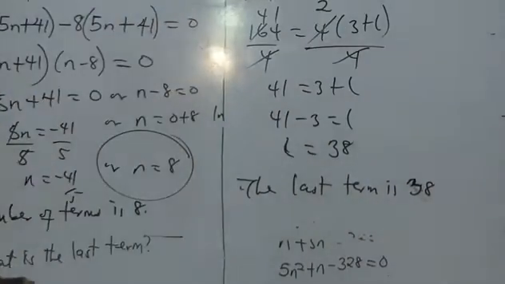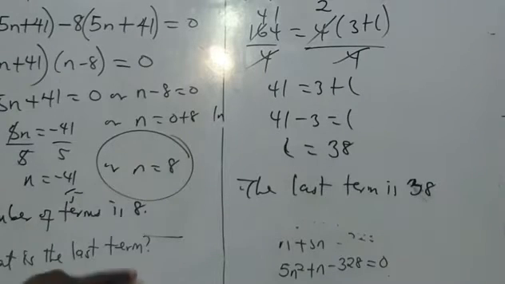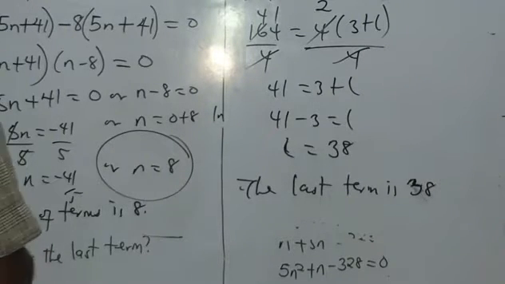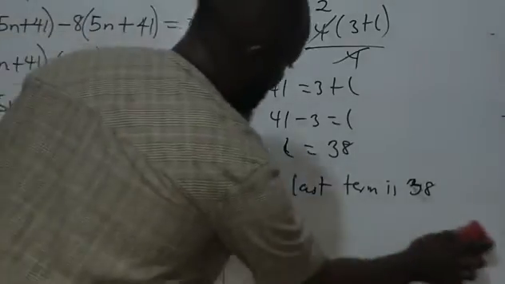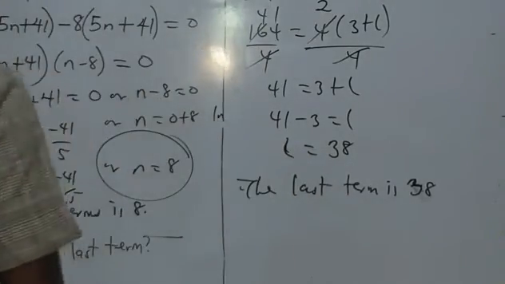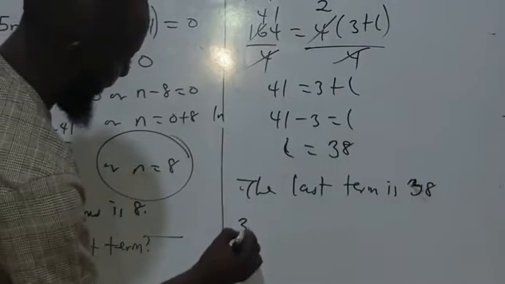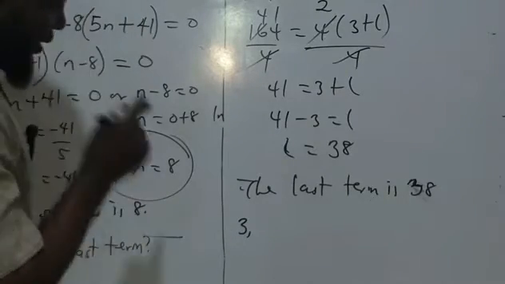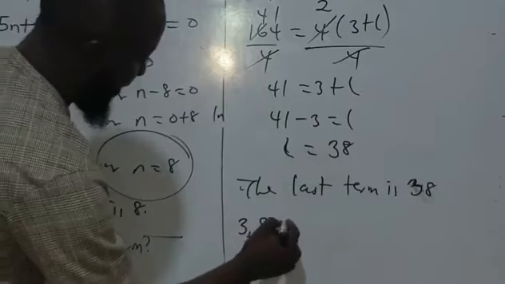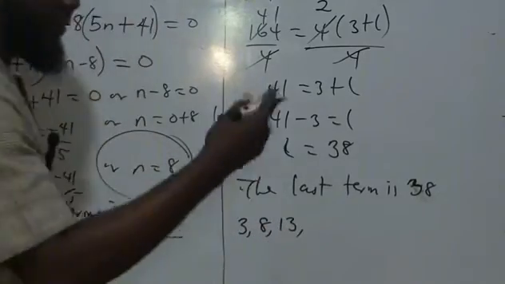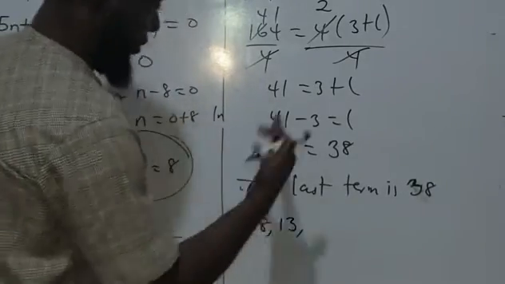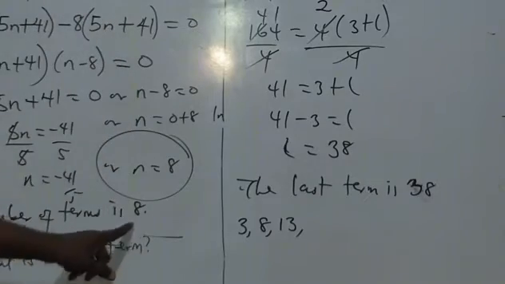I believe this is very clear to you. So we can confirm our answers. Let's see if we can confirm our answer if we get the same thing. Look at this. The first term is 3. The second term is 8. This is 13. We'll be adding 5, right? And we discover that there are 8 terms.